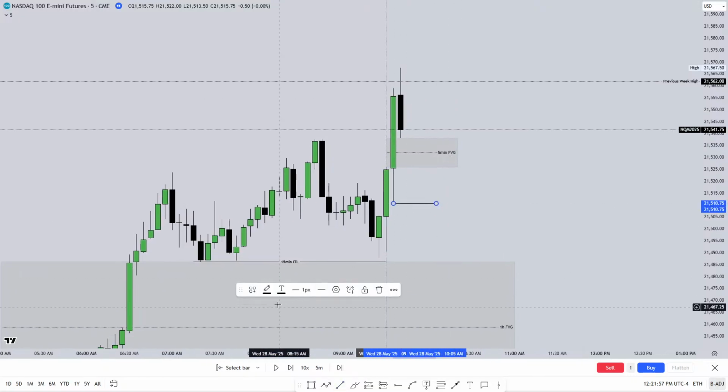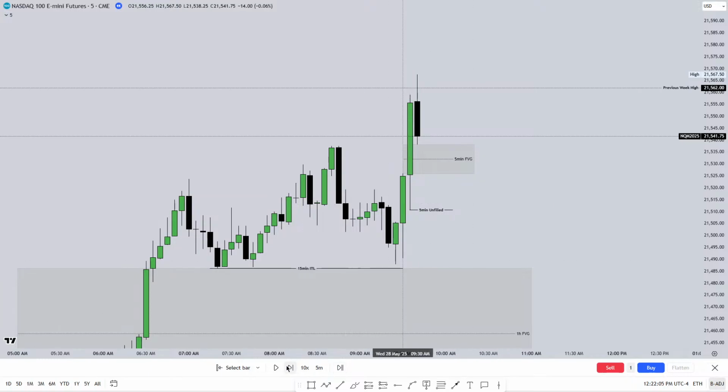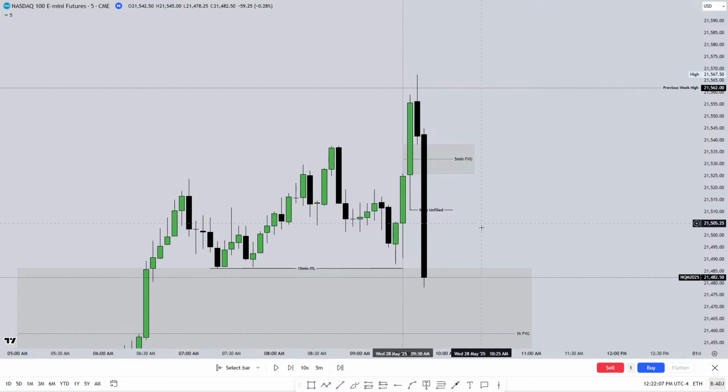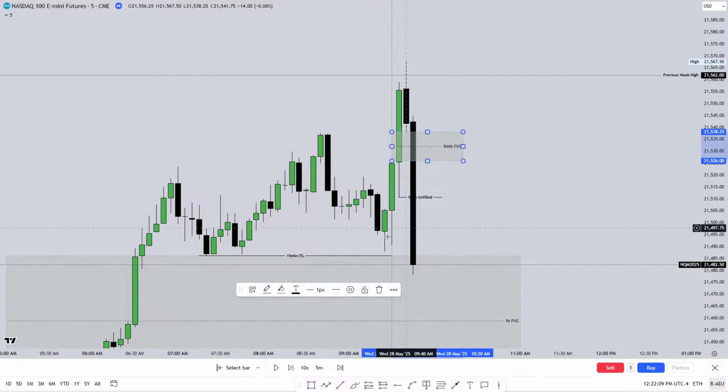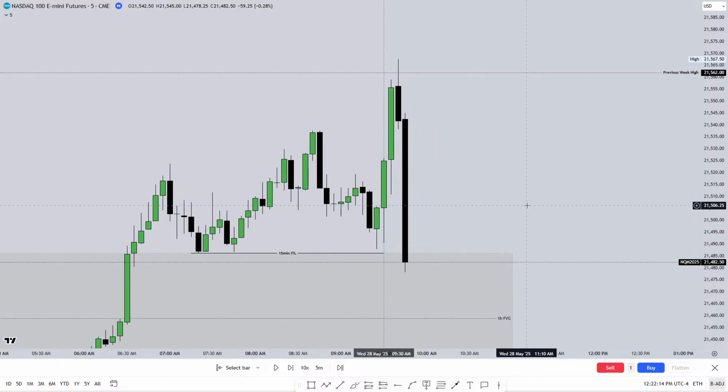There's an unfilled 5 right here. These relative equal lows, we just swept previous week high right there. Okay, so we literally just tank to targets right there. So no trades taken as of yet.